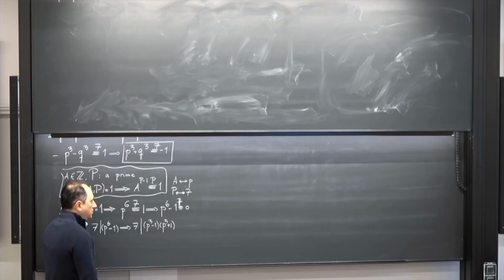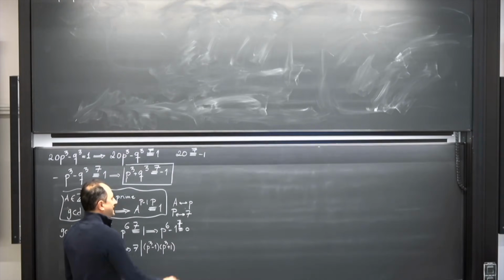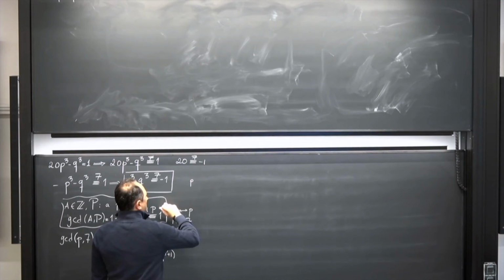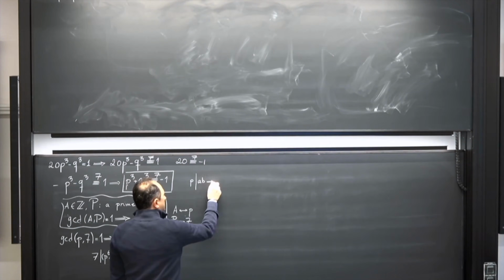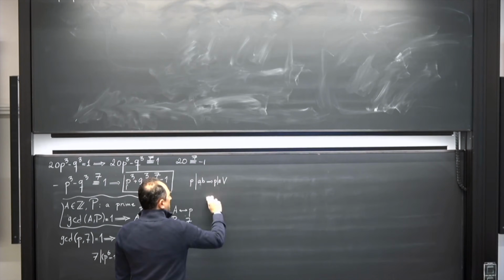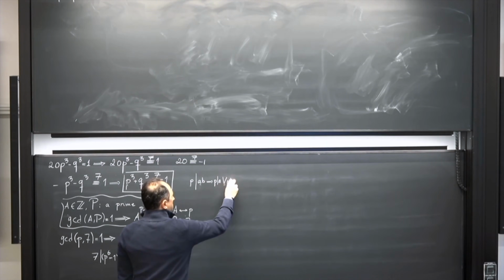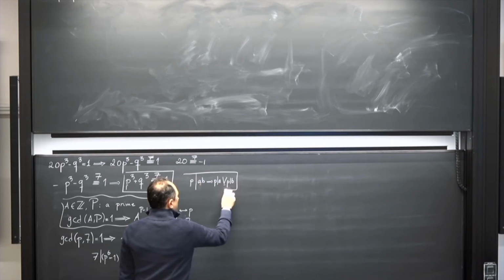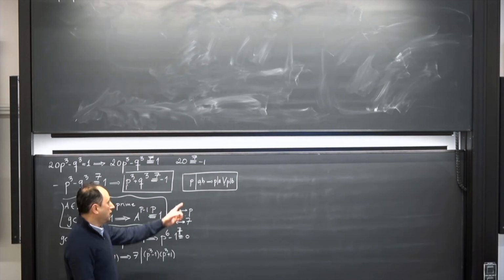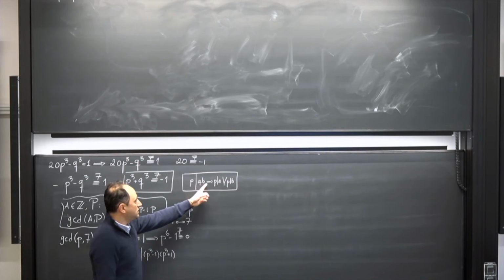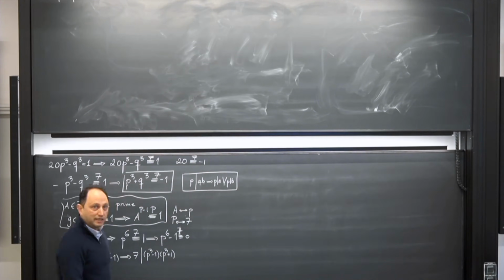But we also have a theorem that if a prime number p divides the product of two numbers a and b, we can conclude that p divides a or p divides b. In other words, if the product of two integers is divisible by a prime, then at least one of them should be divisible by that prime.